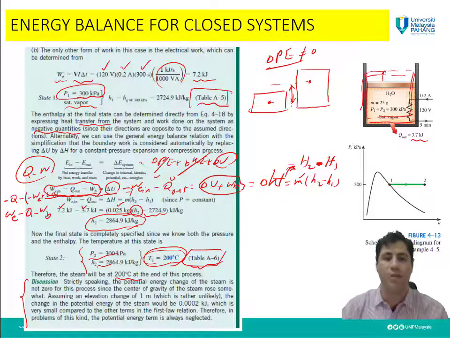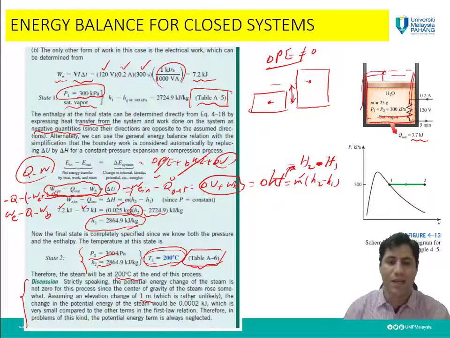But even if we include this, and if we notice that the center of mass is changed by 1 meter, which is actually an exaggerated assumption, if we imagine this piston goes up 1 meter and the position of the center of mass is changed by 1 meter, then the change in the potential energy for the steam will be 0.0002 kilojoule, which you can see here.